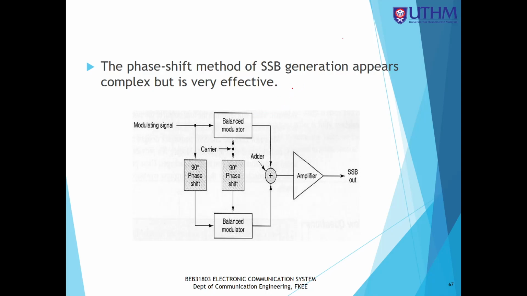The students are asked to define the equation, for example at point A, point B, point C, point D. Then we ask the student to draw the frequency spectrum, and also to find the parameter of total power and the parameter of bandwidth.